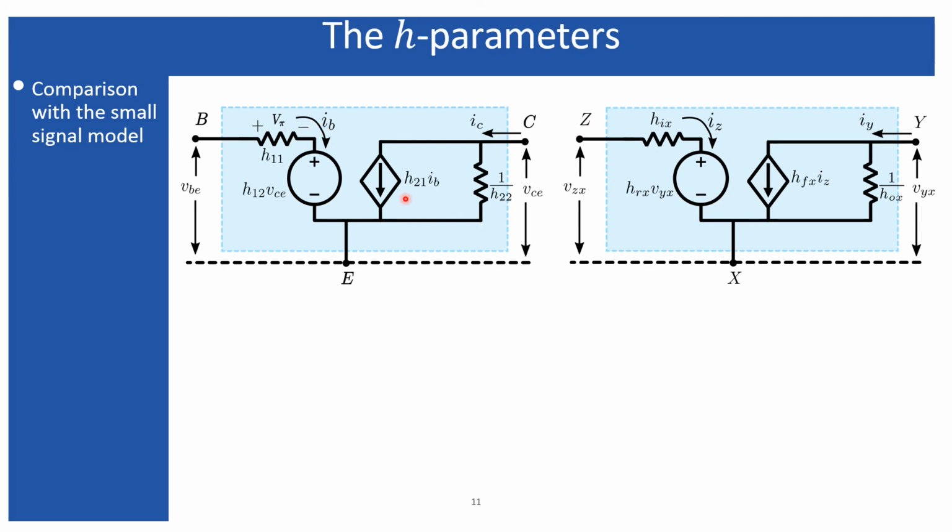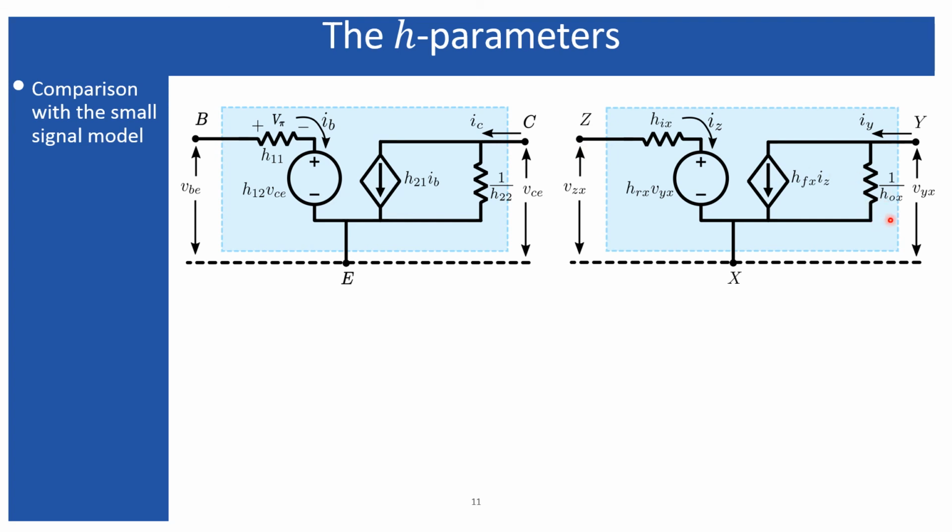H21 represents the forward current gain in the case of a common emitter, but when you are considering the general configuration which is common to the X, that will be represented as HFX. H stands for hybrid and F stands for forward. So HFX represents the forward current gain in common X mode, and it gets multiplied with this input current IZ when the input terminal is the Z terminal.